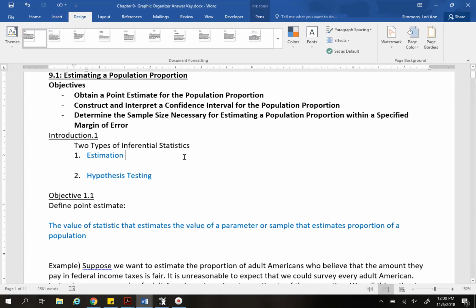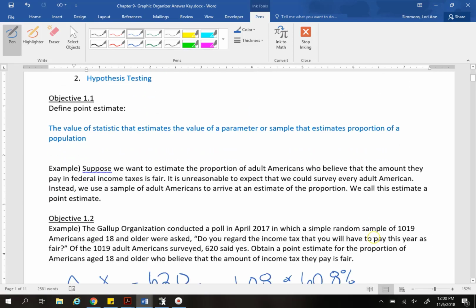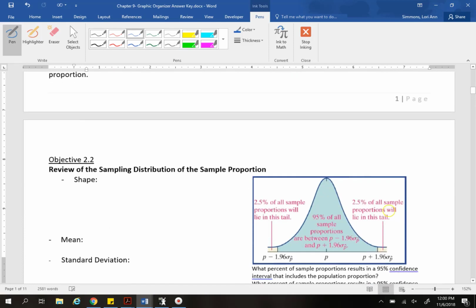So again, with estimation, we report a range and a confidence level. So how confident are we that it falls within that range? And that's what we're working on right now.